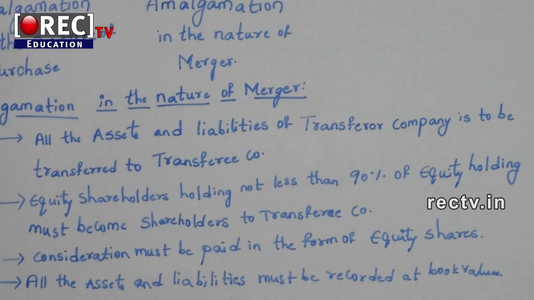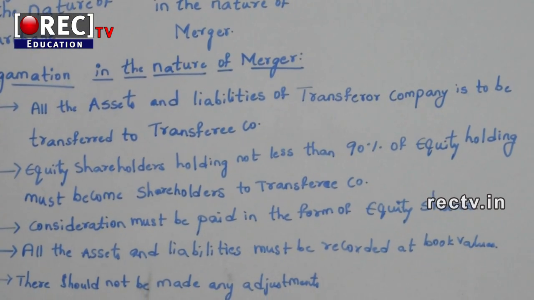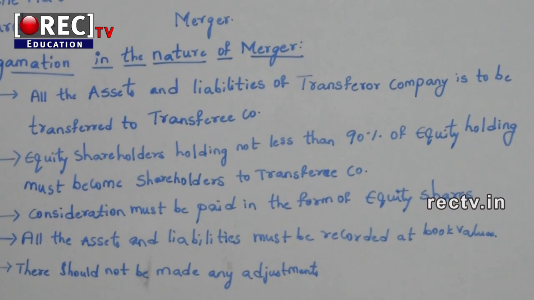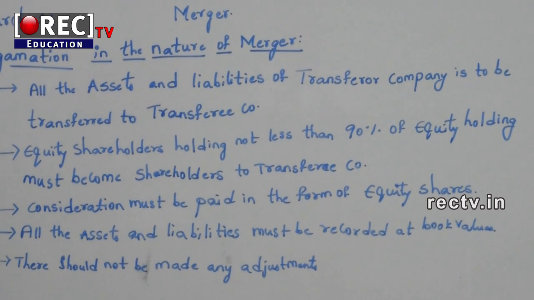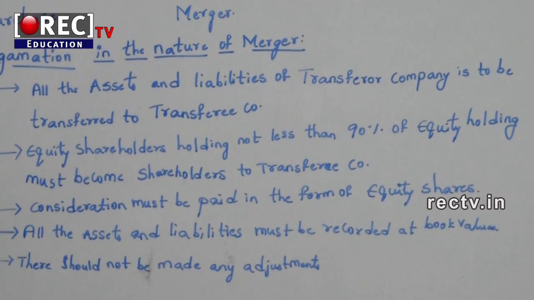The first condition under amalgamation in the nature of merger is that all the assets and liabilities of the transferor company are to be transferred to the transferee company. In the previous example, we have already seen that X and Y are existing companies and Z is a newly formed resultant company.